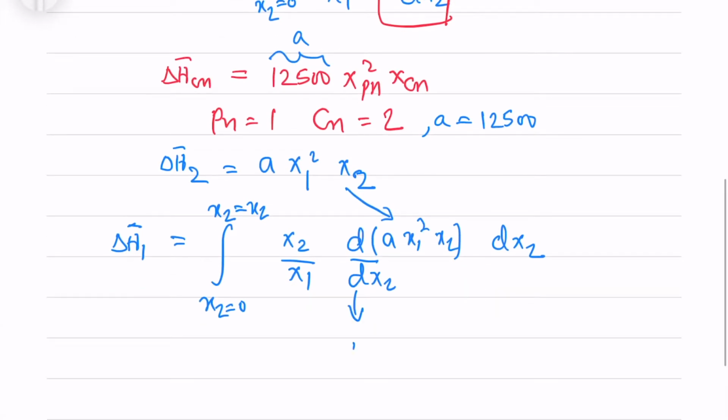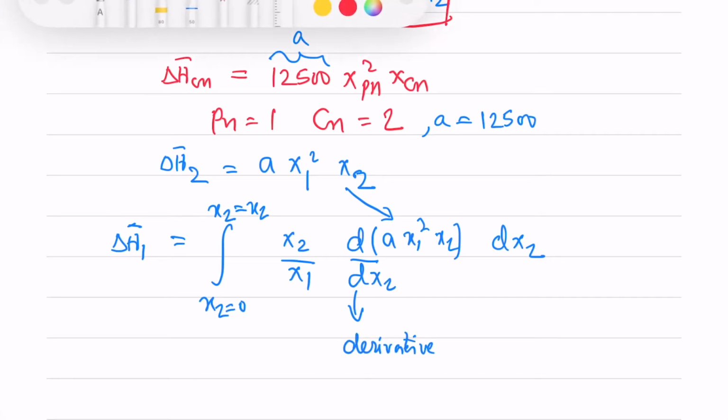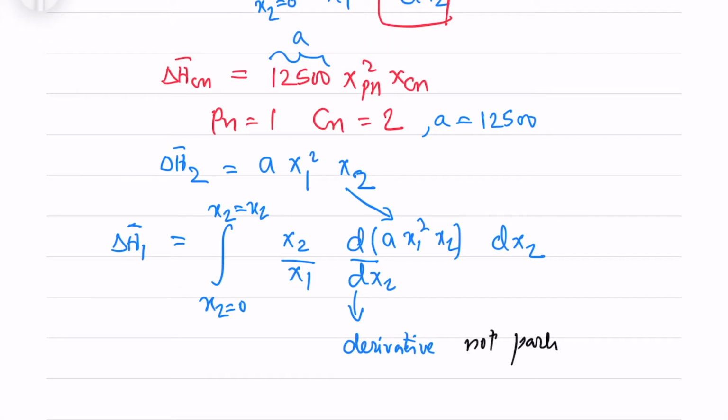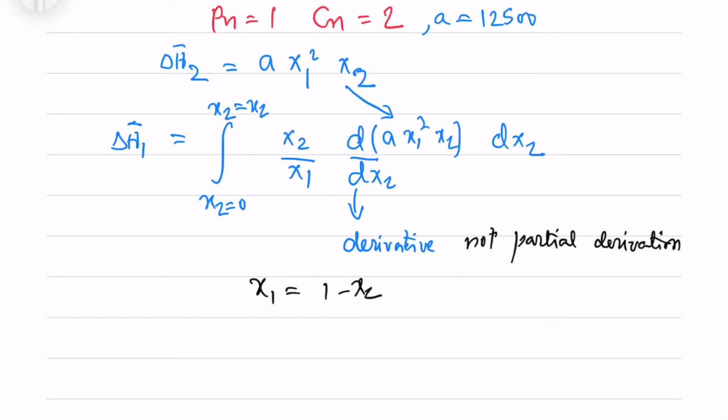This is a derivative, not a partial derivative. Then we need to express x1 in terms of 1 minus x2. Let's put the integral here like this.